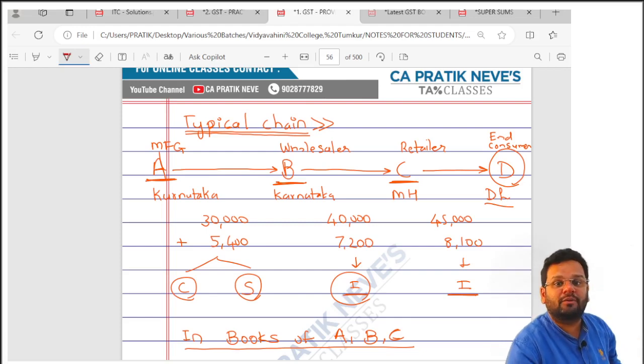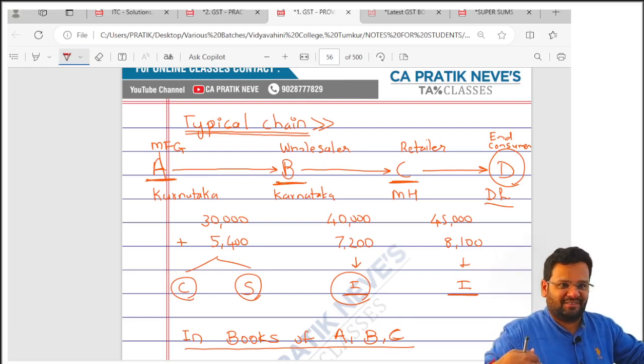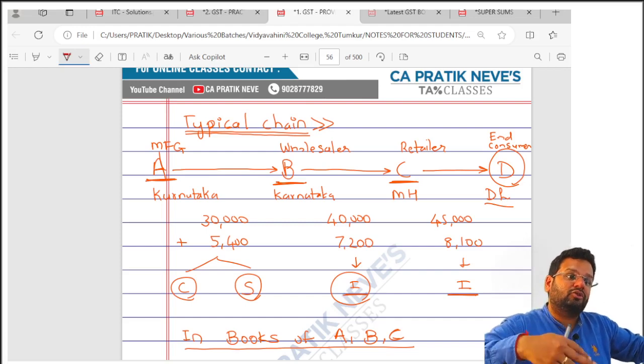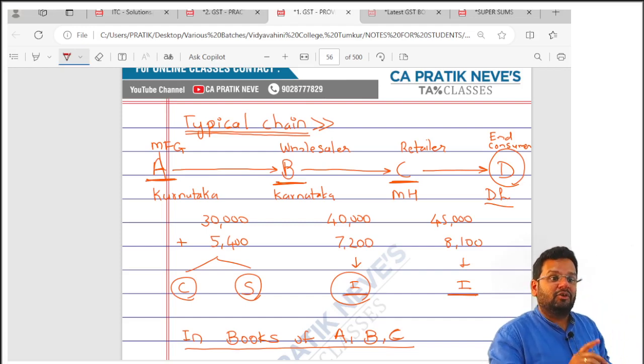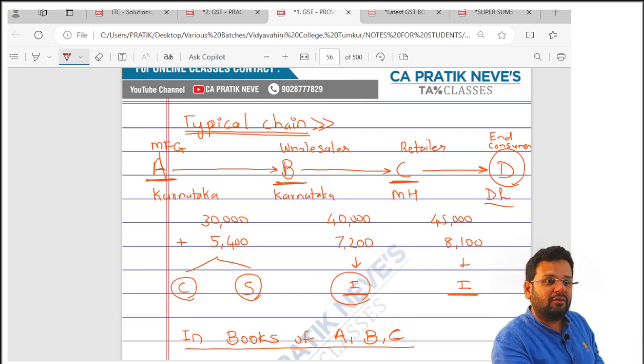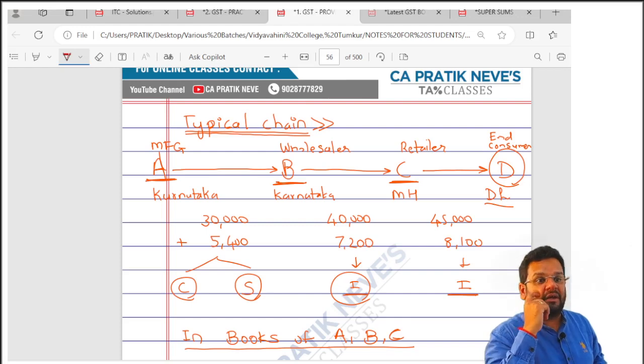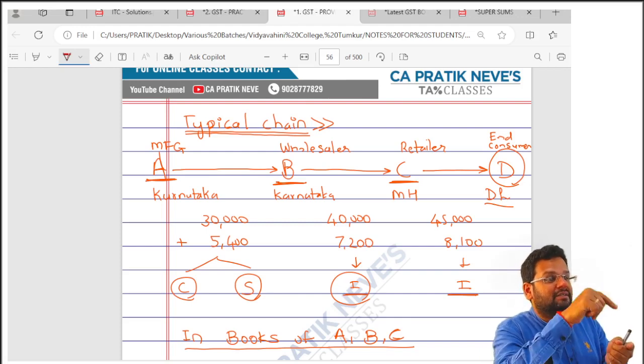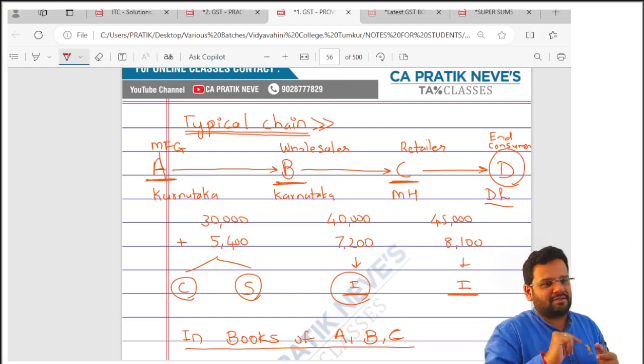Such combined questions are asked in the exam for 8 marks or up to 10 marks, not only at the inter level, also at the final level. You only have to find out assessable value, output tax, ITC available, and use ITC to pay output tax.